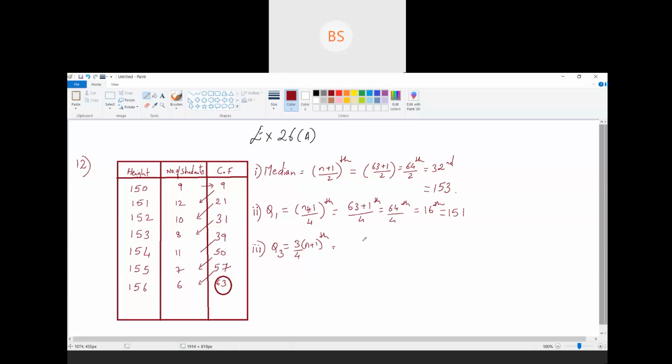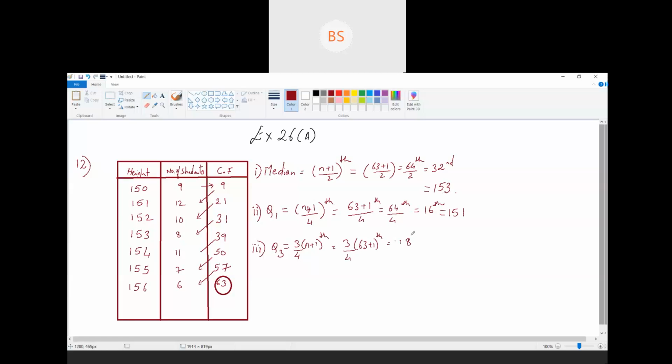So that will be 3 by 4 into 63 plus 1th term. That will give us 48th term.